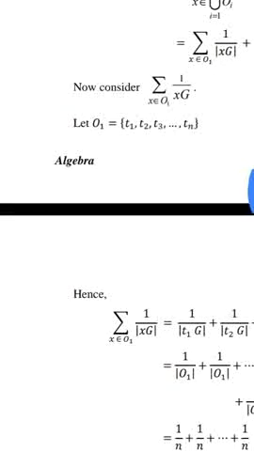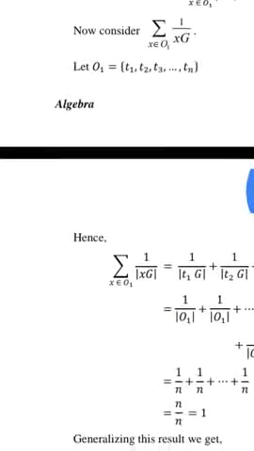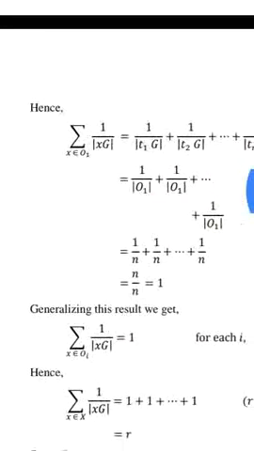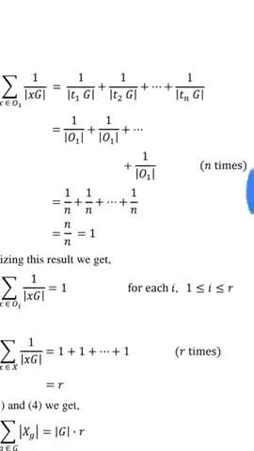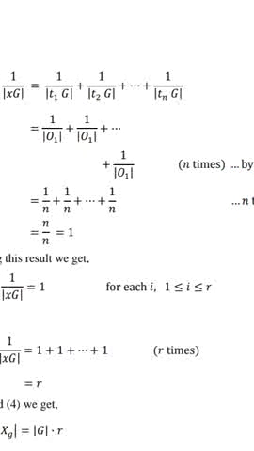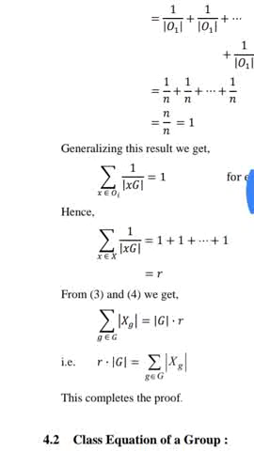Let O1 be equal to t1, t2, ..., tn. Therefore the sum of 1 upon |O_x| is 1 upon |O_t1| plus 1 upon |O_t2| plus dot dot dot plus 1 upon |O_tn|, which is equal to 1 upon |O1| plus 1 upon |O1| and so on, which is 1 upon n plus 1 upon n plus dot dot dot, n times, equal to 1.